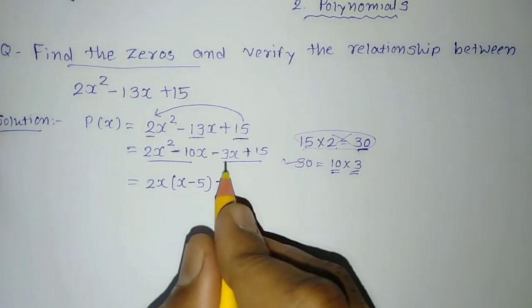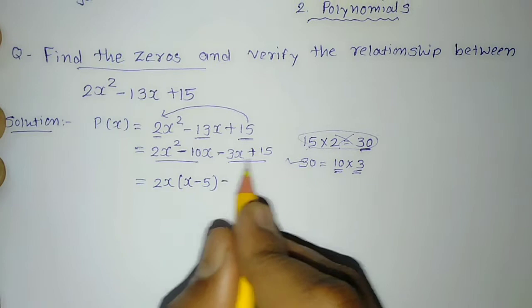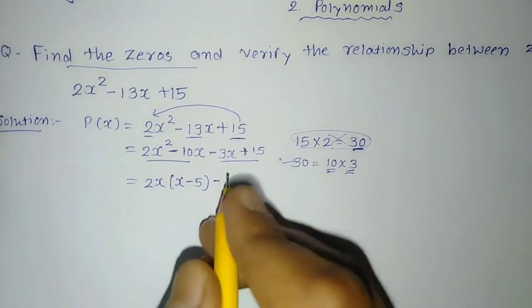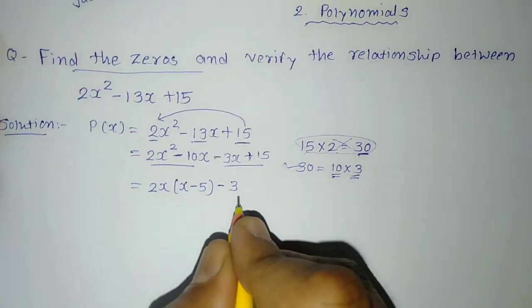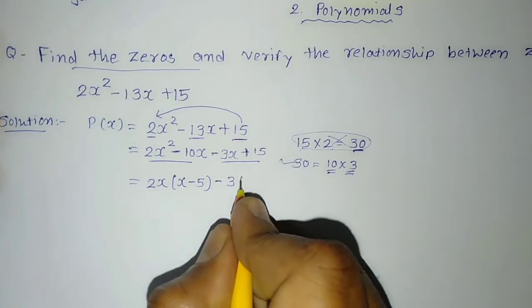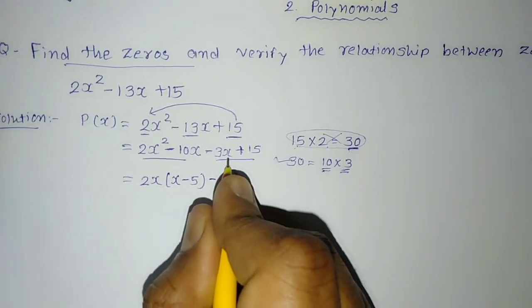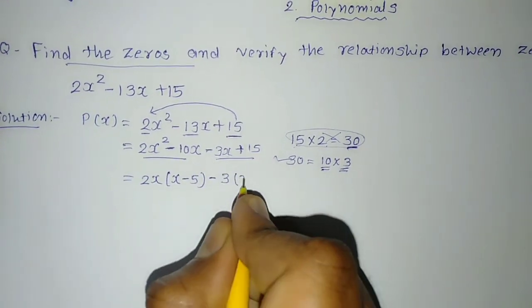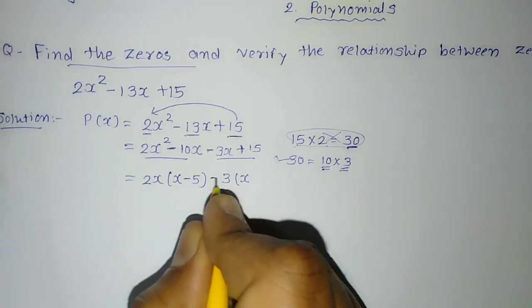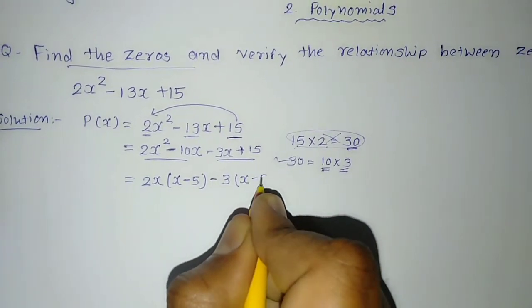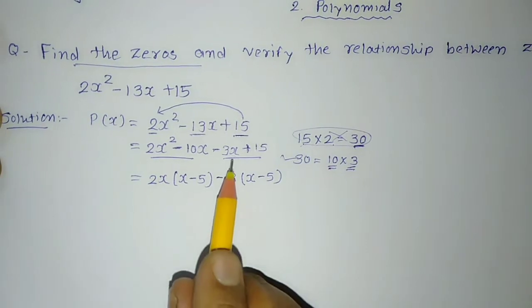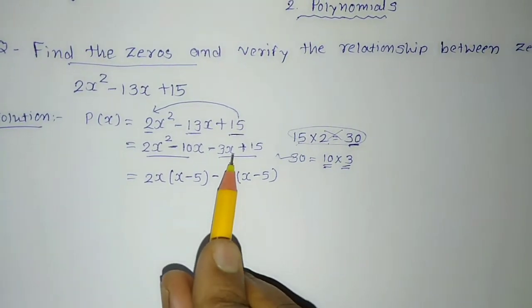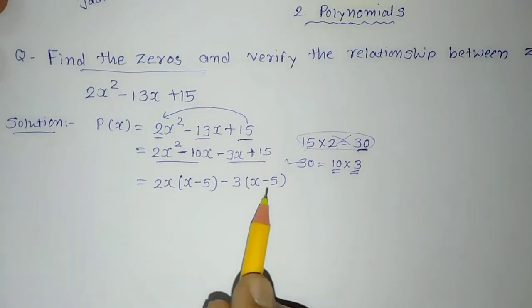And here you can see what is common. 15, that is 5 3s are 15, so 3 I will take it common, minus 3 I have taken common, so sign will be changed here, this minus x turns to plus x, and this plus sign comes to minus. So that is, I have taken minus 3 common, so this is plus x minus 5.